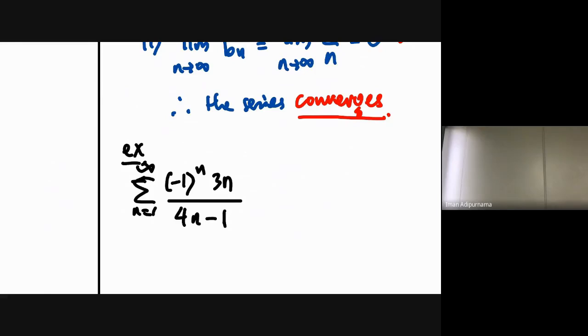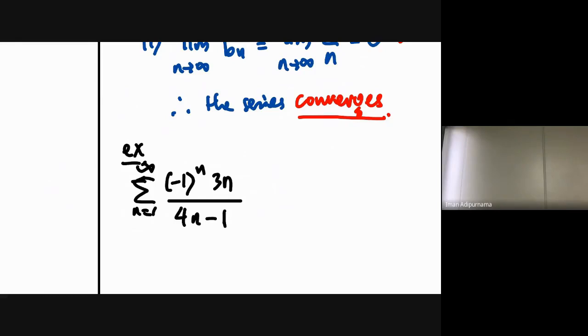Okay. Remember, the simplest method, the early method that you have is divergence test. Just use that. We limit this, right? And because it's 3 over 4, it's not 0, we just can conclude that this diverges.